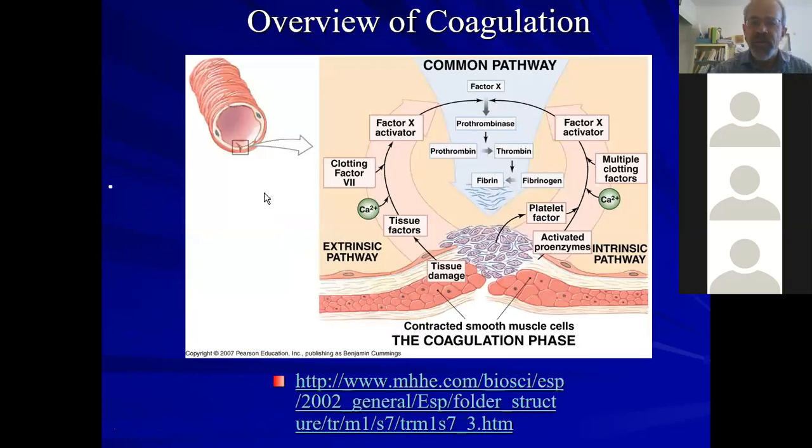So first of all, there's obviously a lot listed here. What I want you to know is that there are a lot of different factors, but all I want you to know is this: there's a factor produced by these platelets called factor 10. Even though it says factor X, that's factor 10. Factor 10 activates an enzyme called prothrombinase.